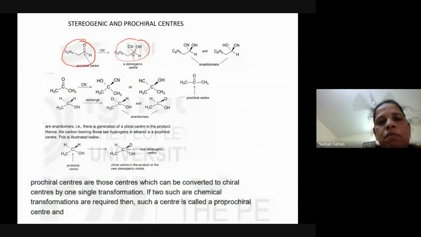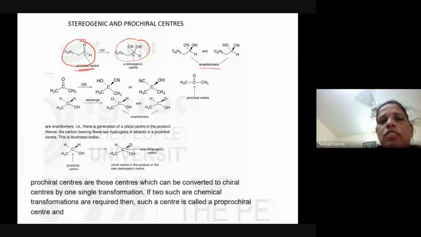The previous compound has a center here where you are attacking it, and from there you get a stereogenic center. So this one is known as your prochiral center. As we get a prochiral ligand, this one is your prochiral center. That is going to give you 2 enantiomers, so that's why this is known as your stereogenic center.